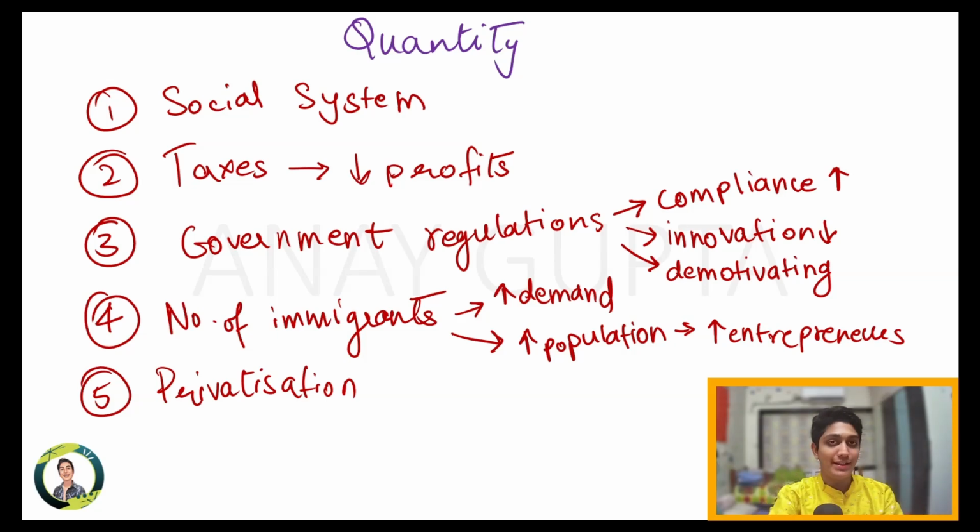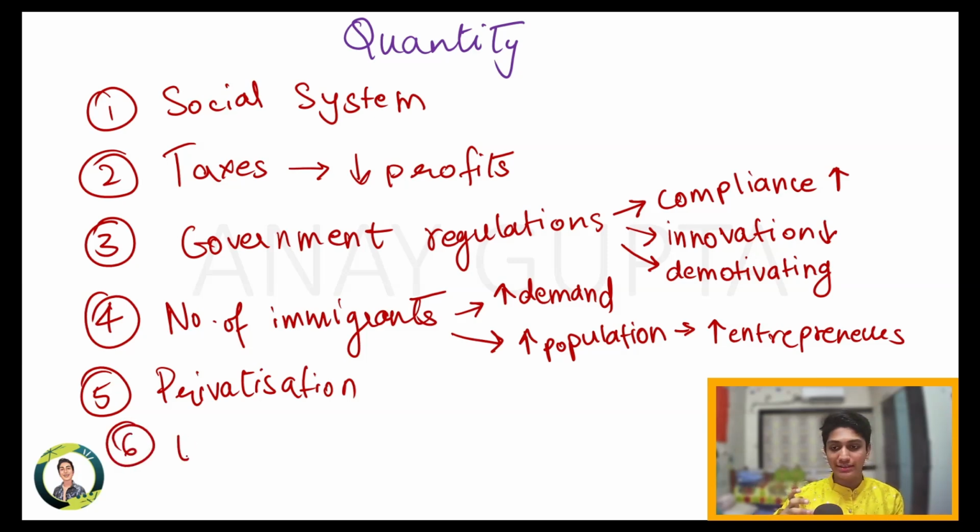It is being run by the private sector, which could have been run by the public sector. The airline industry, for example, the government privatized it when it sold Air India back to Tata. So that is what is happening with privatization, where the government sells a particular industry to entrepreneurs, and that opens up more opportunities for entrepreneurs to enter into the market.